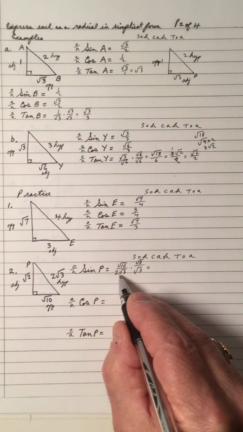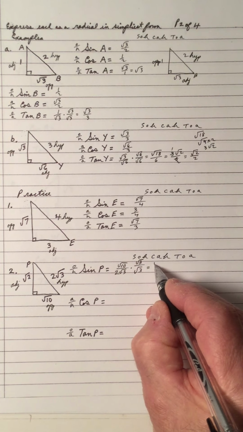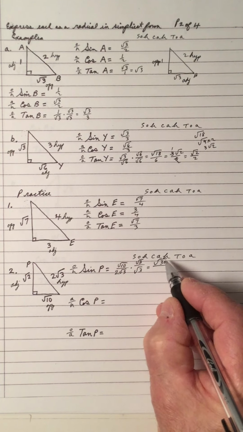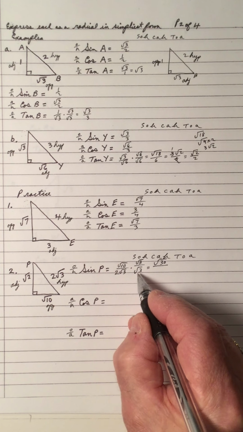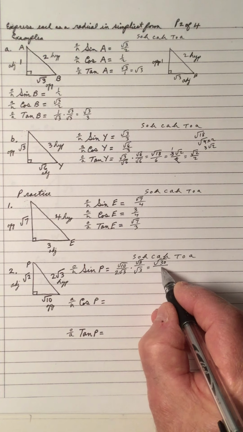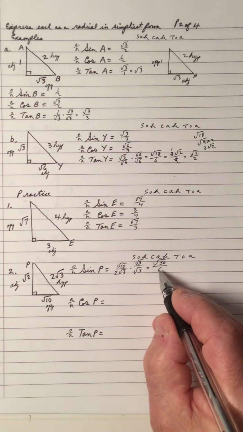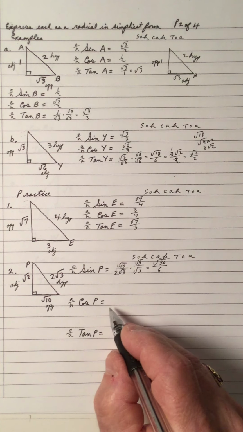We don't need to get rid of the 2. So root 10 times root 3 is root 30, and root 30 has no perfect square in 30, so we leave it. And root 3 times root 3 is root 9, which is 3, so 2 times 3 is 6. And so that's fully simplified. You cannot cancel 6 into 30 because one is irrational and the other is rational.